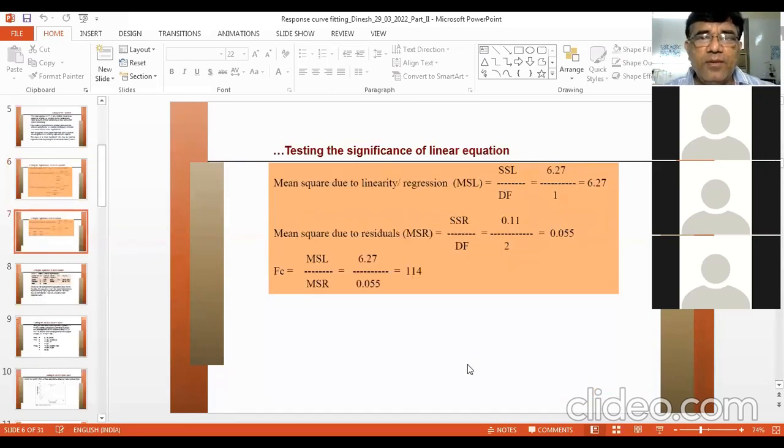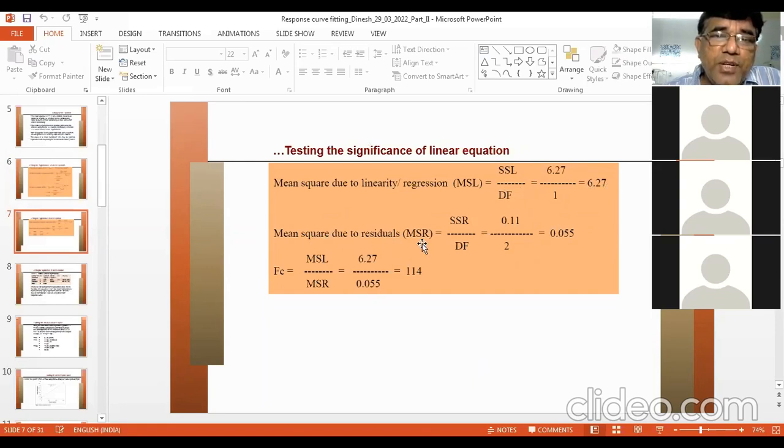If that is clear, then you can calculate the mean squares. The respective sums of squares are divided by degrees of freedom. So the sum of squares due to linearity or regression is divided by the degrees of freedom, which is 1. In the case of a linear relationship, the degree of freedom for regression is 1. So this is your 6.27.